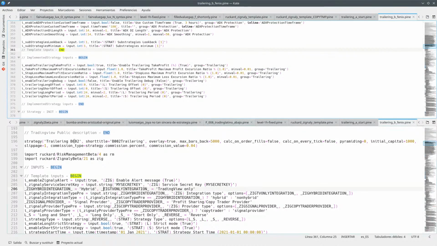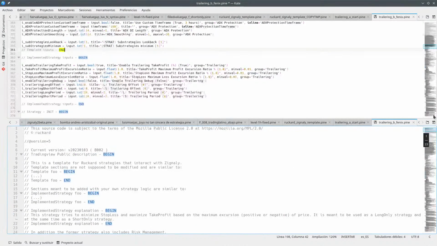So let's change this into B3. Let's bump the version, and we will work with this new version that tries to fix the problem.